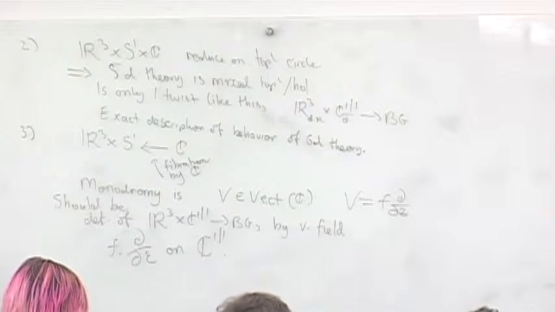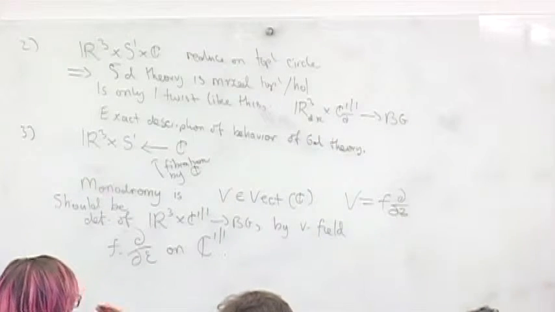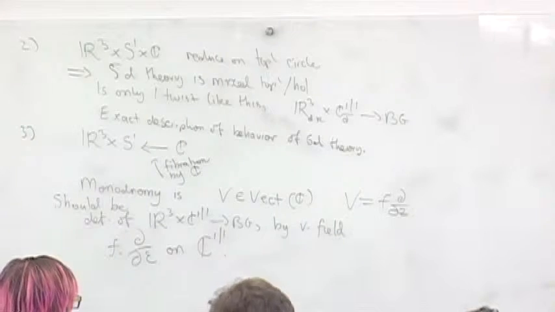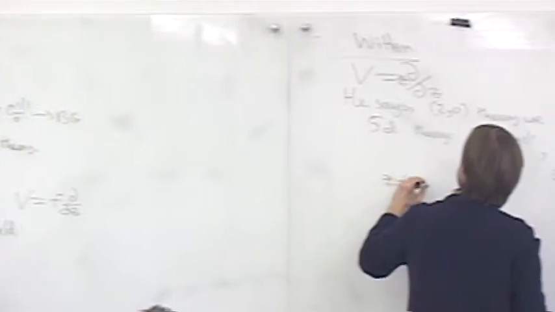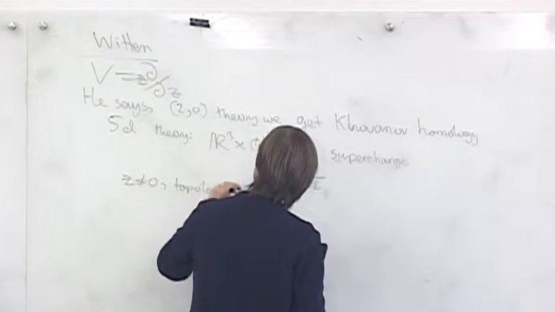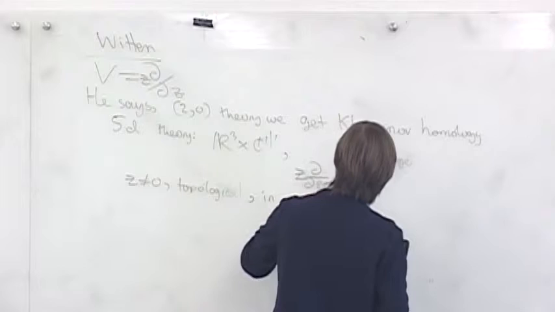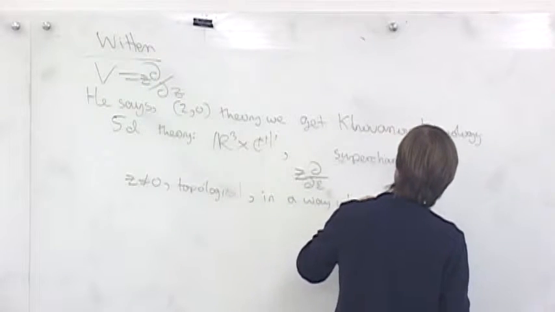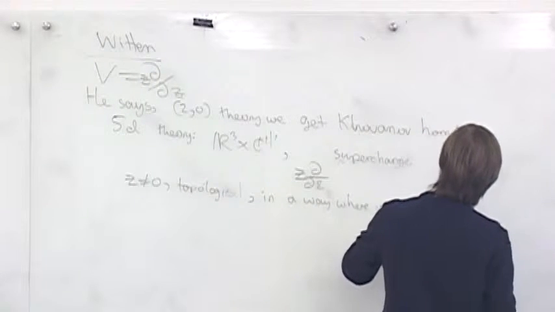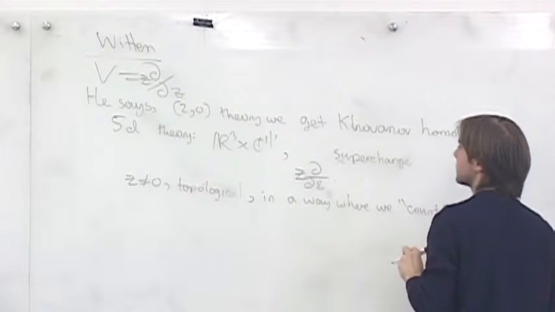But here, what does this look like? Away from z equals 0, it still looks like the RAM. So when z is not equal to 0, this is topological, but in a way where we count things. What does this expression mean?